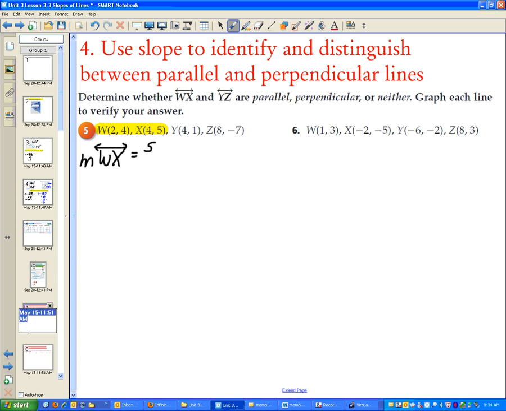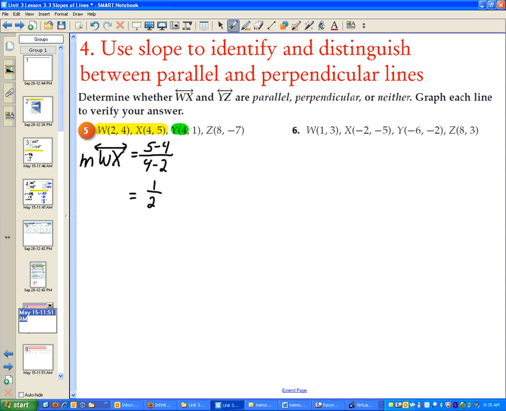I'm going to use the 5. You can do the 4 if you want, but I'm going to use the 5. Minus Y1, 4, over X2, 4 minus X1. All right, so 5 minus 4 is 1, 4 minus 2 is 2, and that's the slope of line WX.